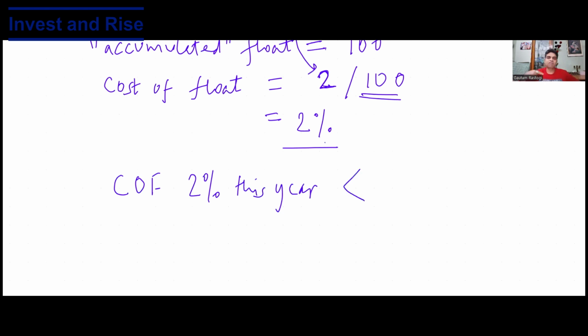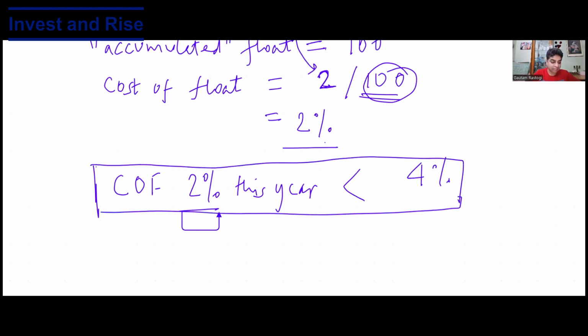If this company had gone to a bank to raise this 100 rupees, maybe the bank would have charged them 4%. But on their own, they have been able to raise this 100 rupees at just 2% interest. So the cost of float for this insurer in this hypothetical example is lower than the market rate of money.